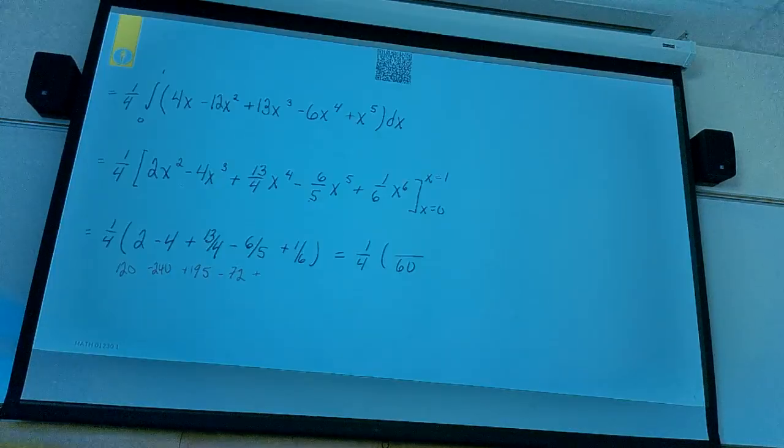Plus 10. And that's 130. 130 and 195, 325.